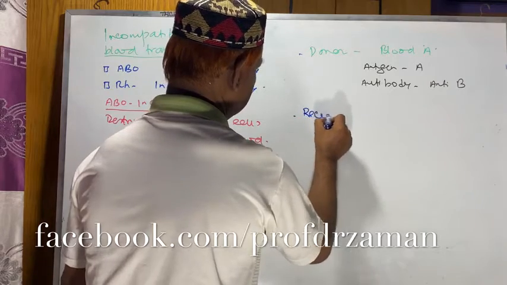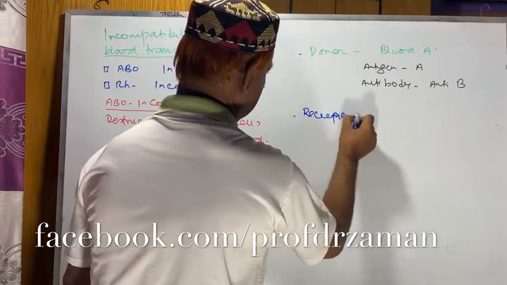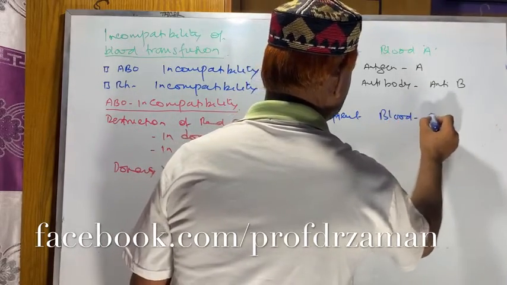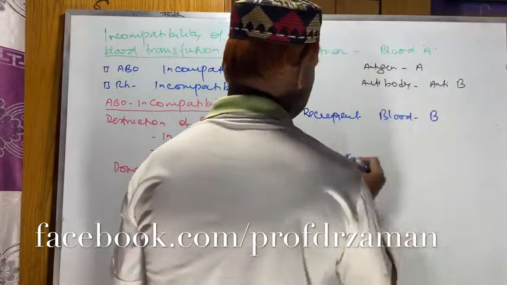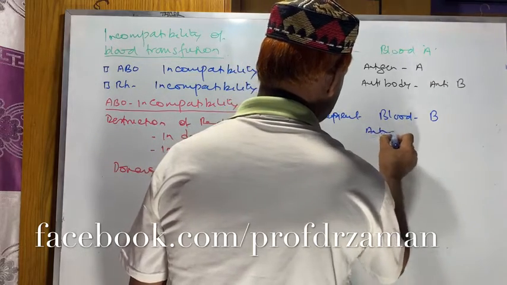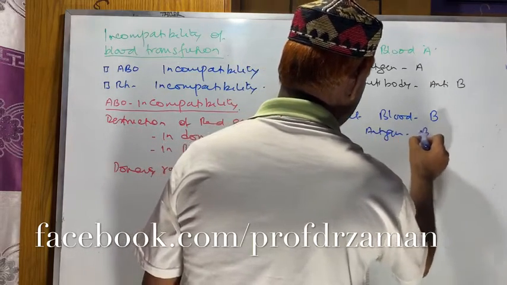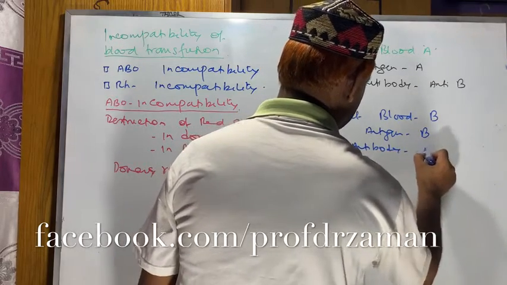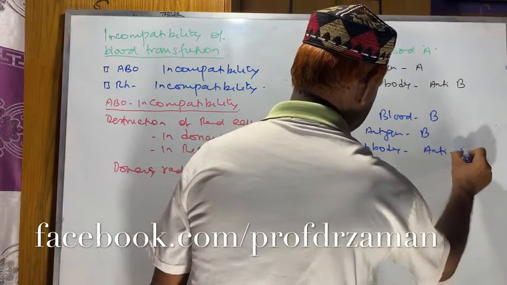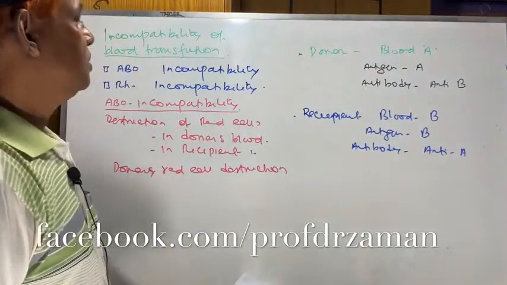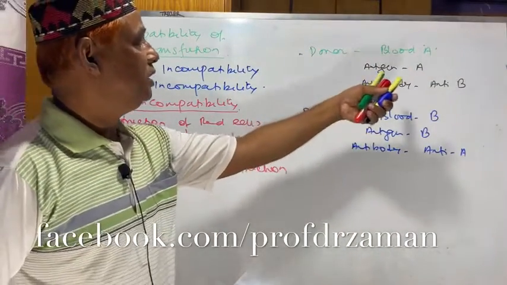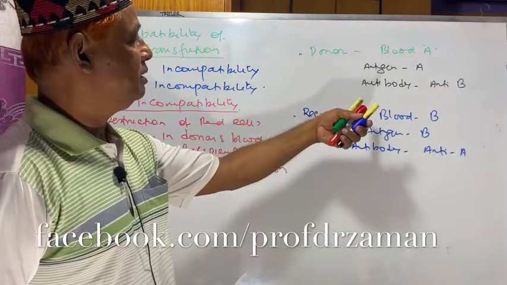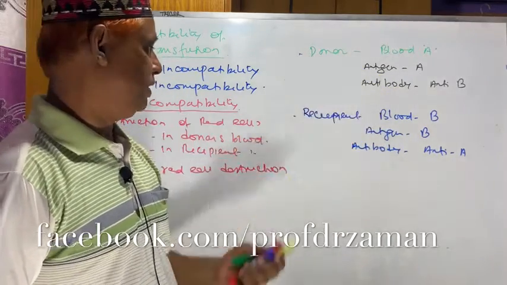Recipient blood group B: here the antigen is B and the antibody is anti-A. If the donor is with blood group A, he has antigen A on the red cell membrane and antibody anti-B.